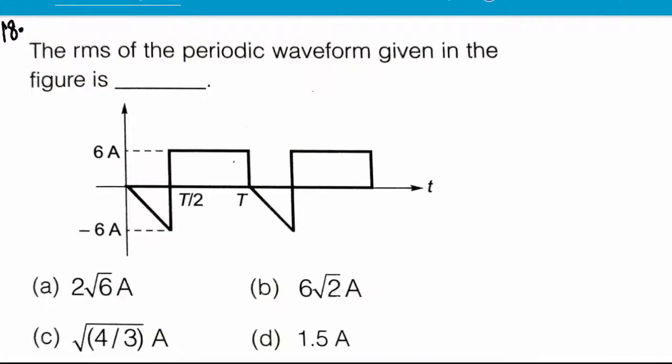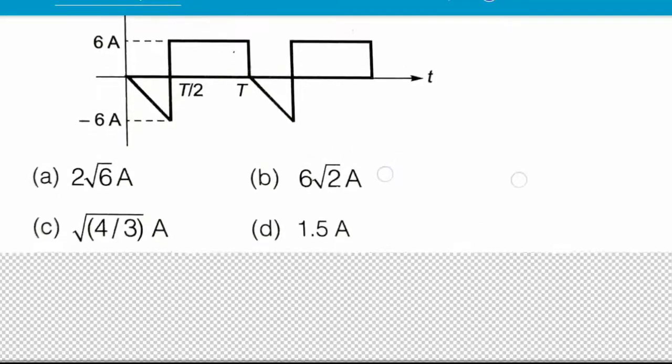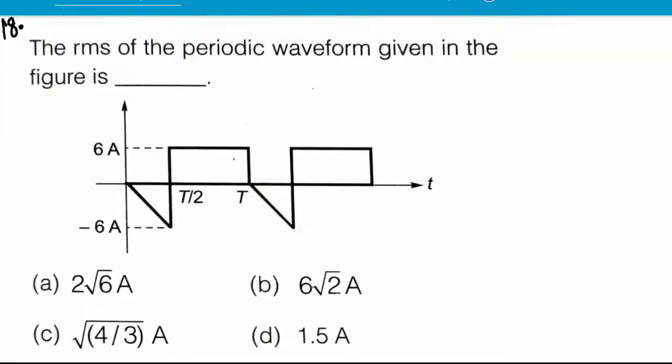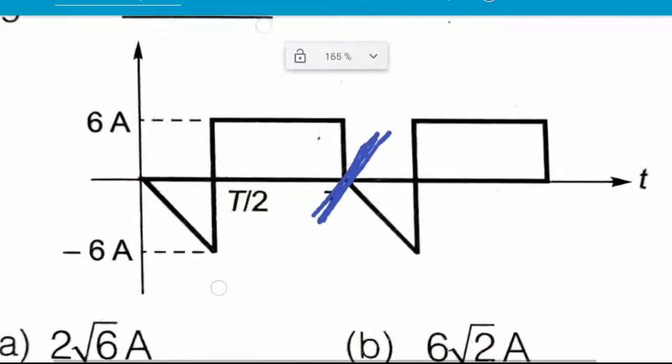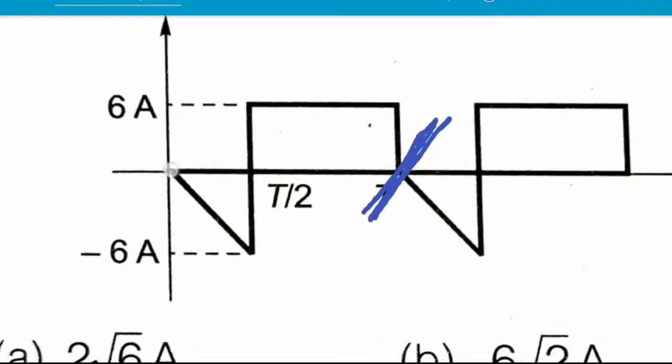Next question, the RMS of the periodic waveform given in the figure is. We will consider first the cycle. This is where the periodicity starts, so we will start from here. First we have to determine the equation of this line, because this part is constant, only this one is the critical thing.